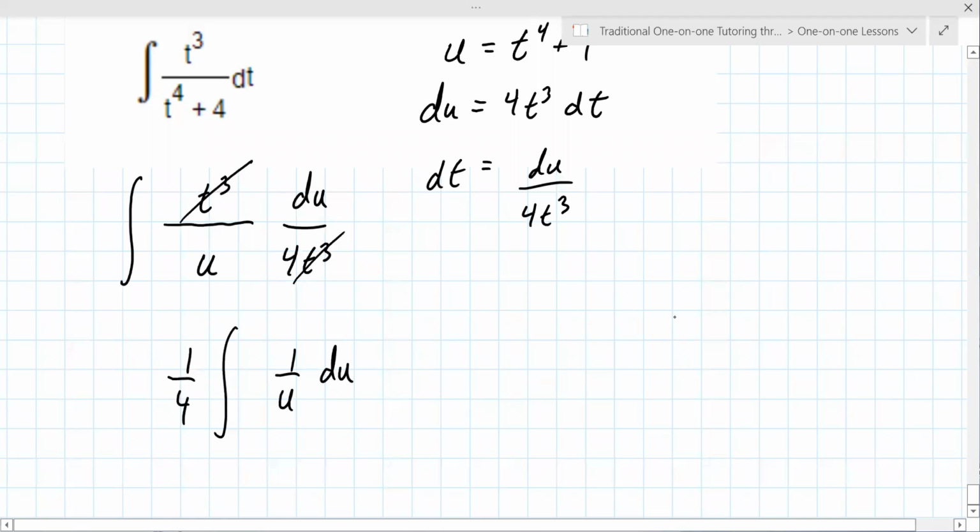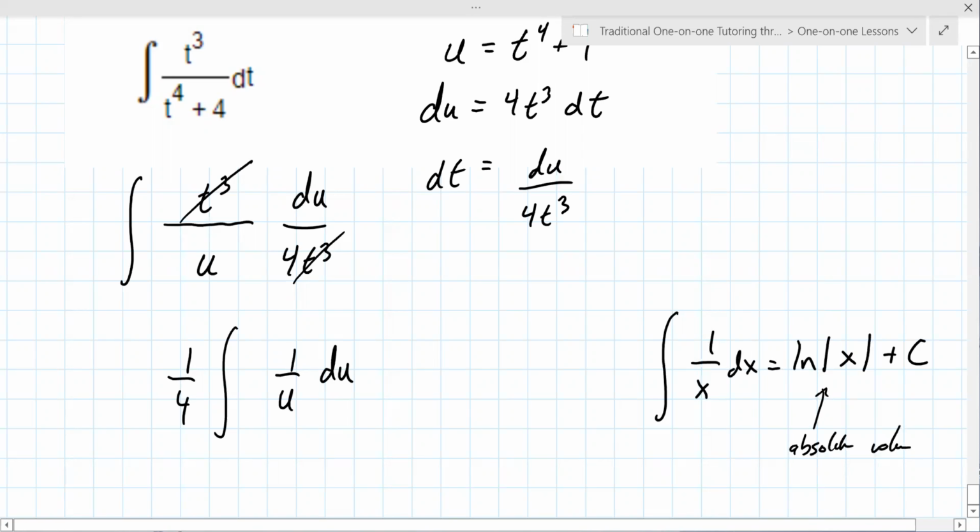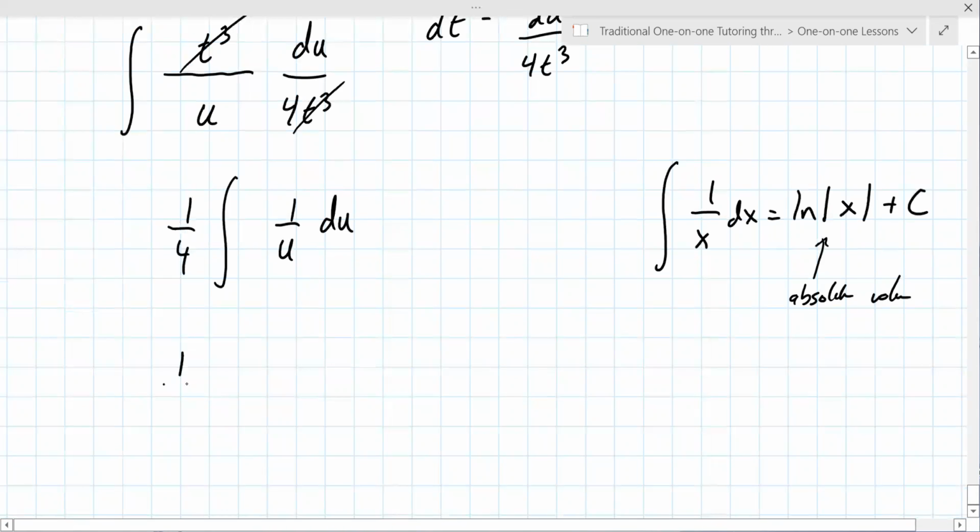So this is a new one for us. Integral 1/x dx becomes the natural log of the absolute value of x plus c. Those absolute values are very important, especially when you enter them in your answer space there. So this becomes 1/4 natural log absolute value of u plus c.